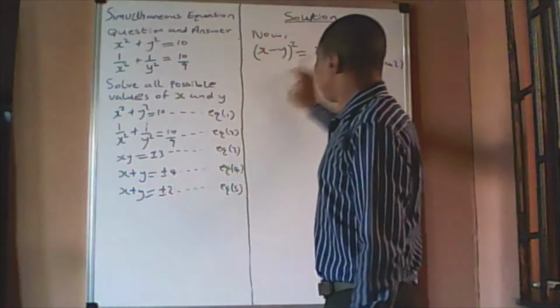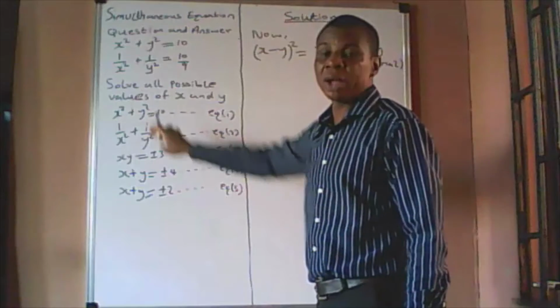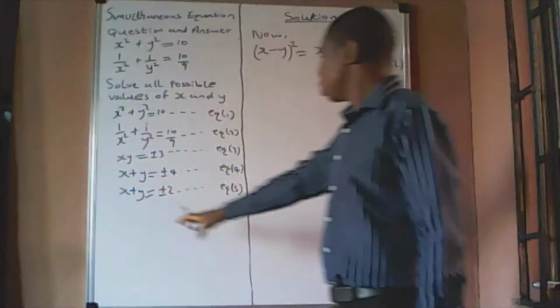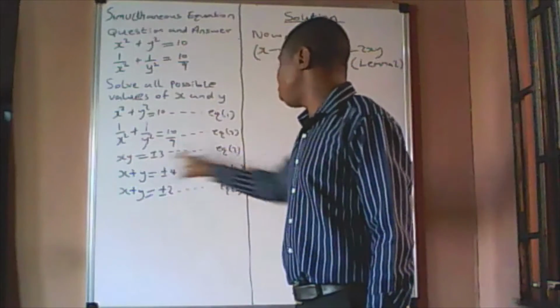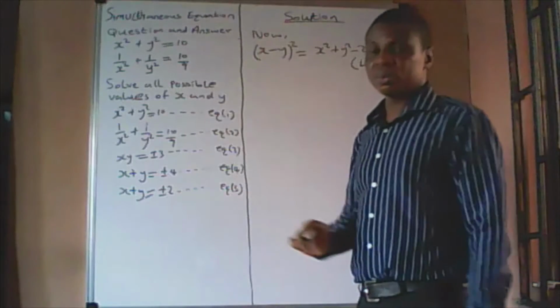We know the value of x squared plus y squared to be 10 in equation 1, and also we know x times y to be plus or minus 3 in equation 3. We are going to substitute the values into this lemma 2.